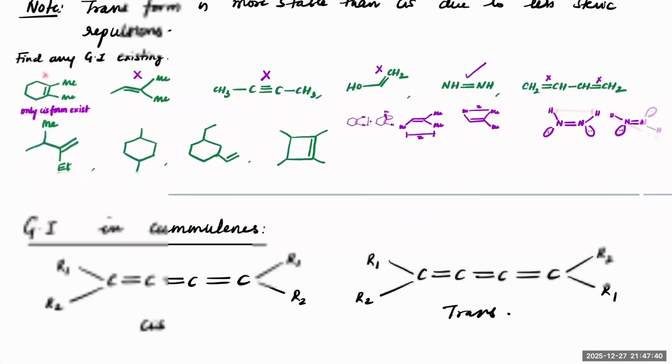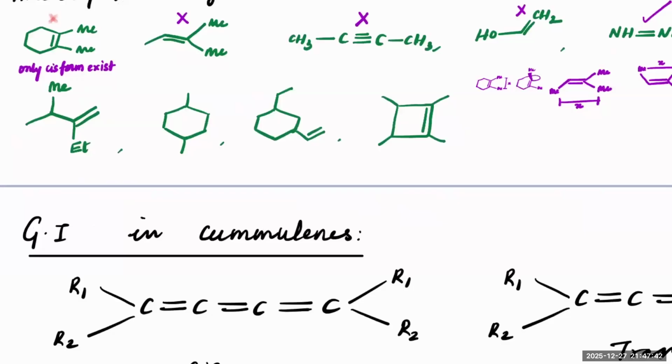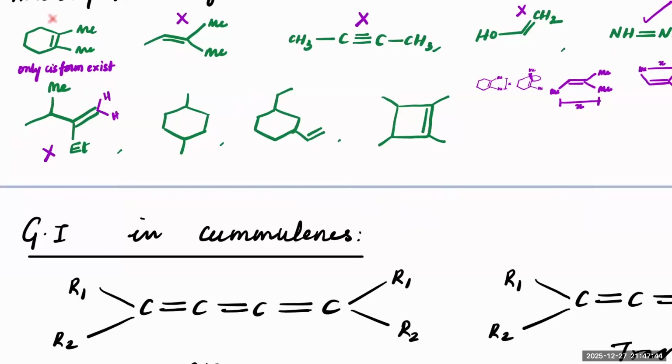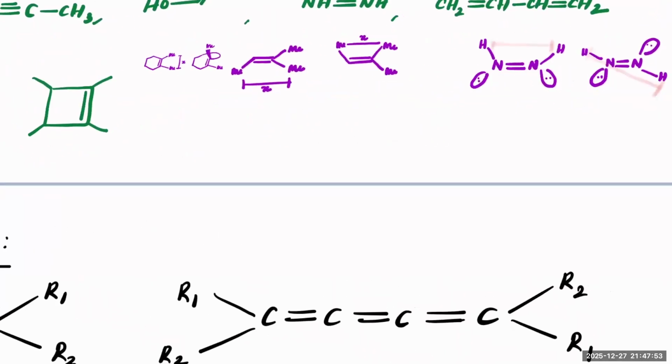Next, here also a double bond. There are two hydrogens at this end. That means no geometrical isomers. Now notice this one. Here we can show geometrical isomerism. Why? First of all, I told you that in a ring, even if you have a single bond, it is restricted.